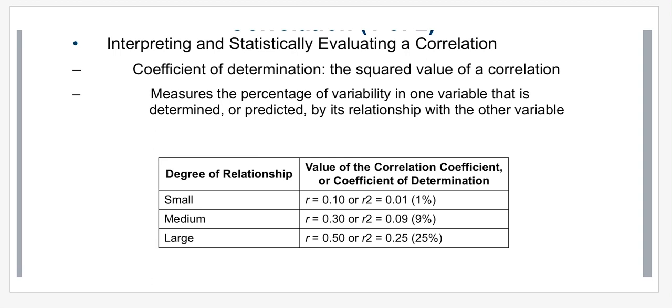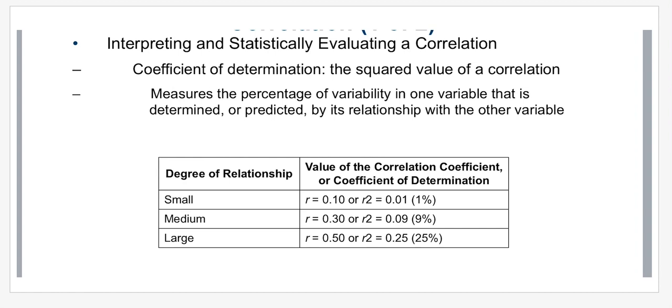In a real world example, if we were looking at GPA and IQ, let's say we looked at college students, we looked at their GPA and their IQ, and we got a correlation coefficient of 0.8. Well, wow, that's very large. It's very strong. The coefficient of determination would be 0.64 because we squared it.